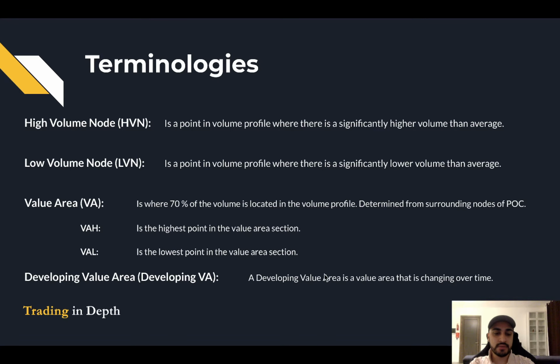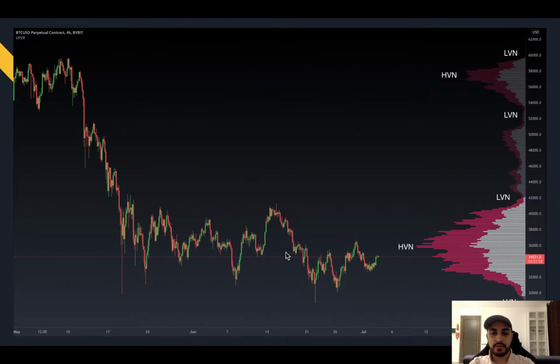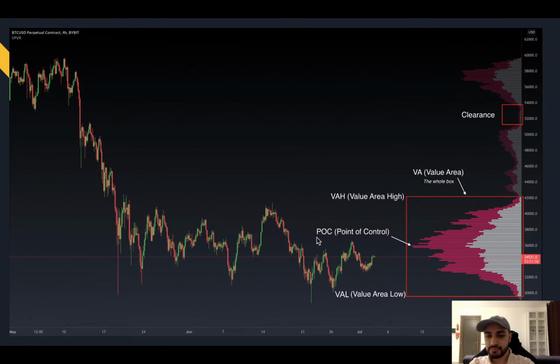Now let's go back here, and we have two more terms: value area high and value area low. Value area high is the highest point in the value area section. Value area low is the lowest point in the value area section. Very simple. I'll show you exactly what I mean. Again, we have the value area, that line.